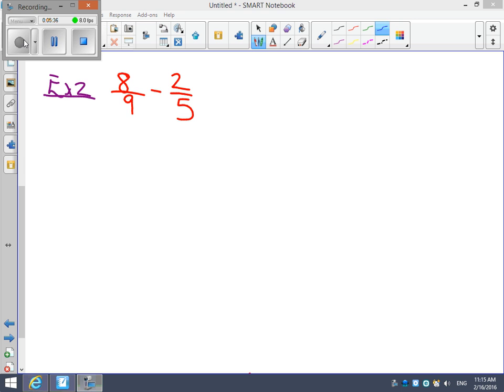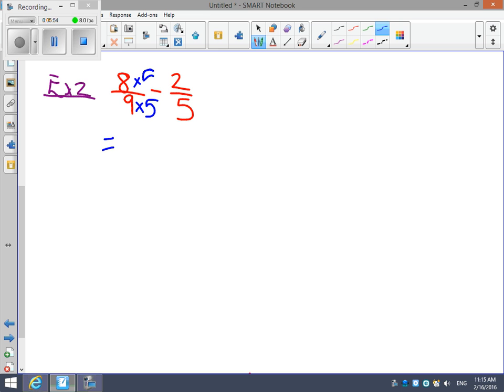So now we have a question that has two different denominators, so 5 doesn't go into 9. So now we're going to multiply both sides by the opposite fraction's denominator. So 9 times 5 and 8 times 5, which equals 40 over 45.